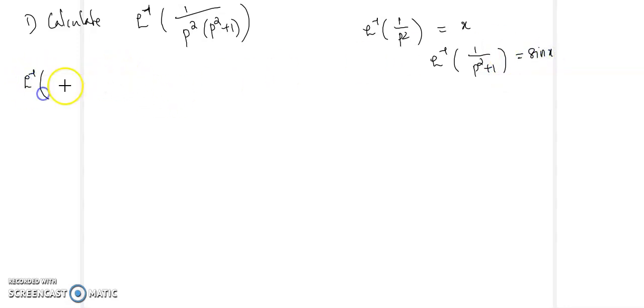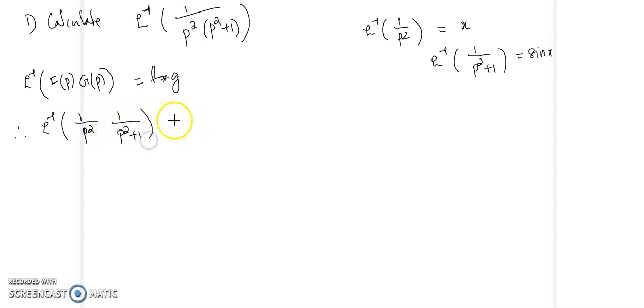So L inverse of this is in the form F(p) into G(p), which will be equal to f star g. So therefore here L inverse of 1 by p square into 1 by p square plus 1 will be equal to x star sin x.